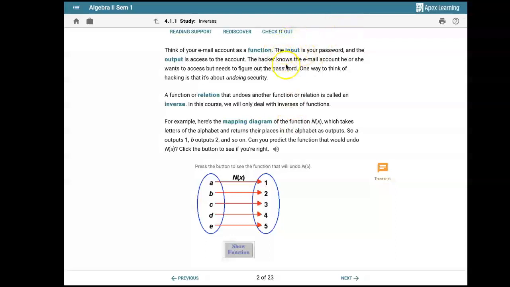Input is something like your independent variable. Your output is your dependent variable, it's dependent on something else. So basically what a hacker can do is undo security. A function or relation that undoes another function or relation is called the inverse. So if we have one normal function, something that undoes it is known as the inverse.